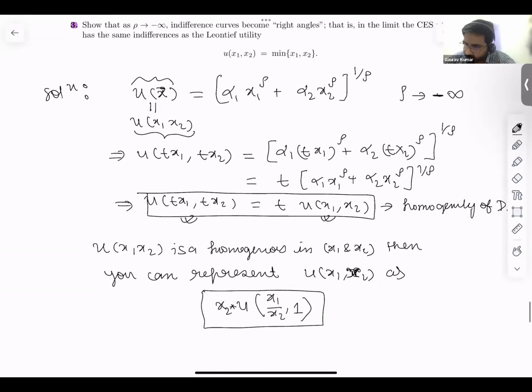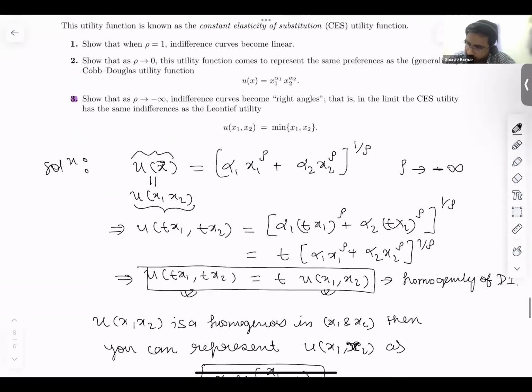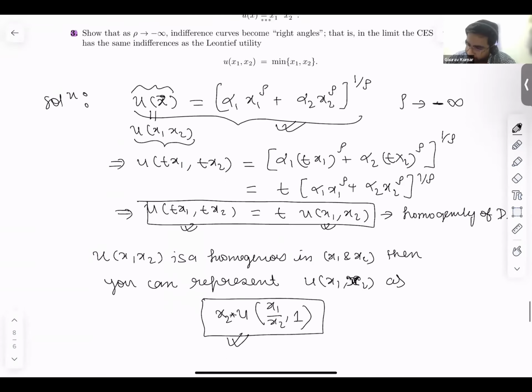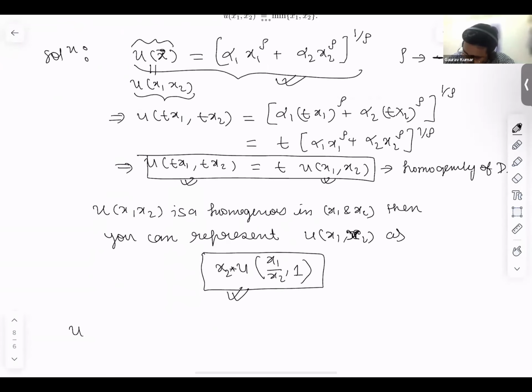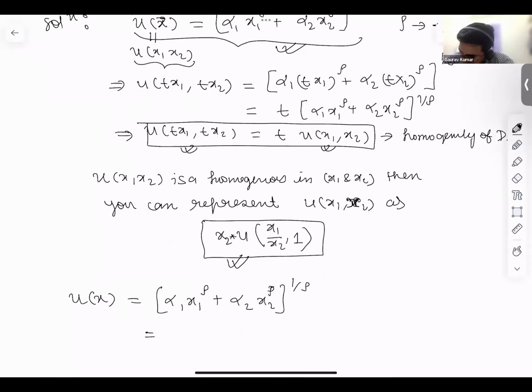Okay, so now let's proceed. When we apply this property to the functional form of the utility function, what we get is, so u of x that is given to us is, now I'm taking out x2.